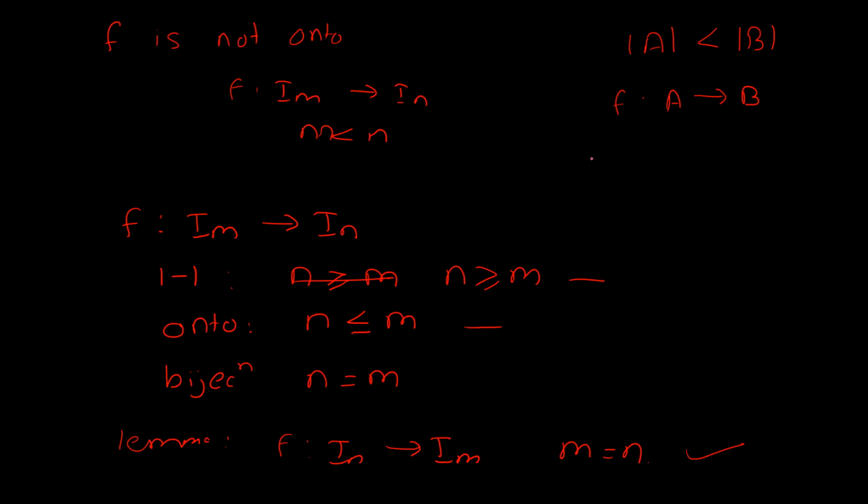Or, if there exists an onto map from A to B, then cardinality of A should be greater than or equal to cardinality of B, prove. This can also be asked. So what you have to assume is that let this be less than, and show that onto maps do not exist. So basically there can be a total of 5 to 6 kinds of questions asked on these three lemmas.